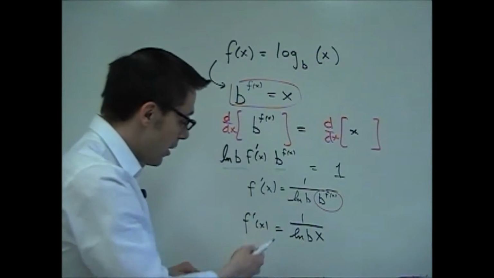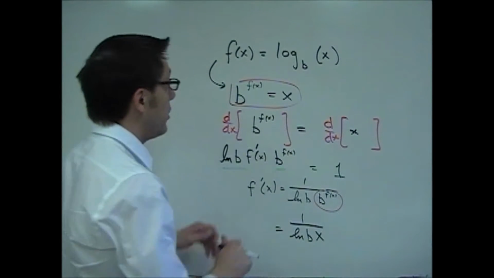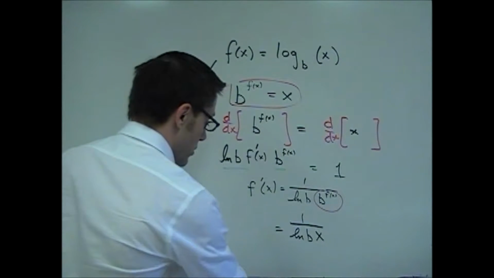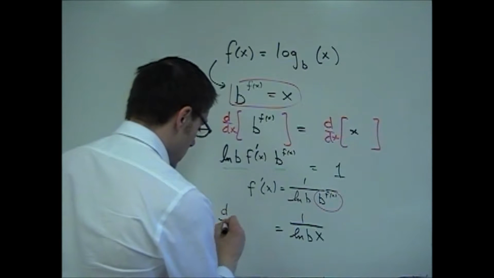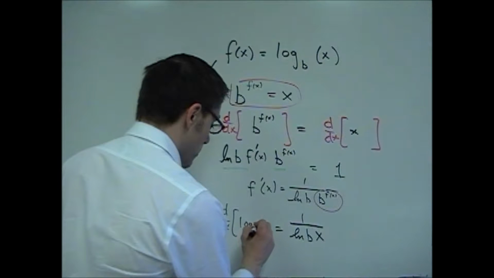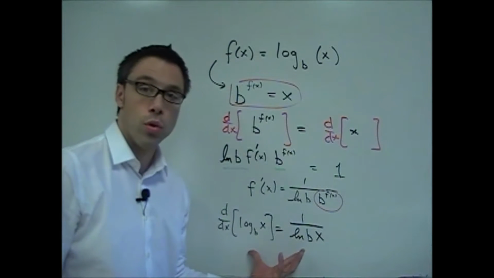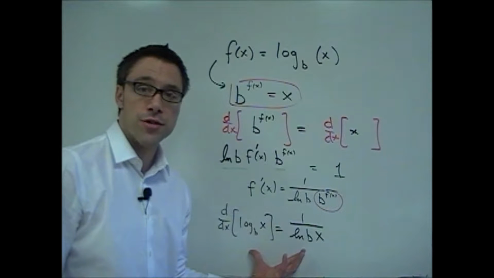Okay? So now I can rewrite this in a more clear way, as d dx of log base b of x. Okay, so that's our shortcut rule for differentiating a log base b.